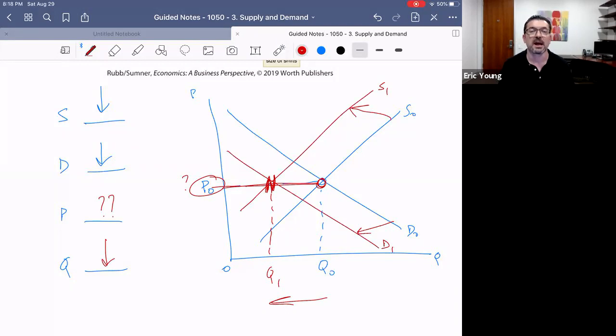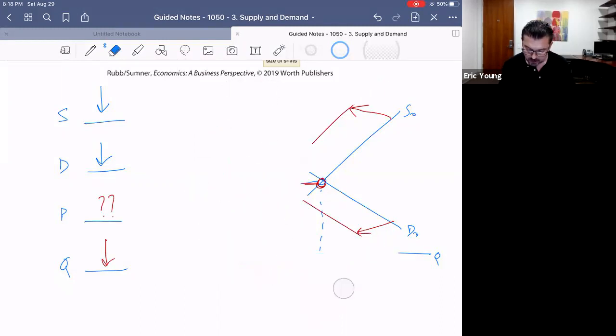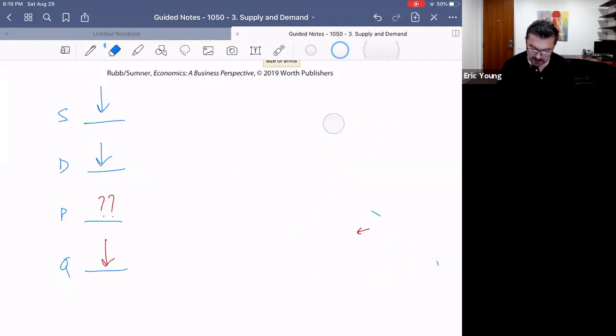Okay, once again, two curve shifts with no magnitude given. One variable is going to be certain, the other is going to be uncertain. Of course, it's very easy to screw up which one's going to be uncertain and certain if you mess up your graph. So for that reason, my friends, let's do one last little thing here to double check it.